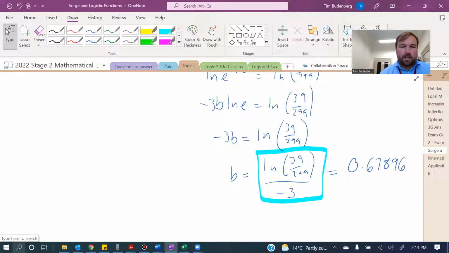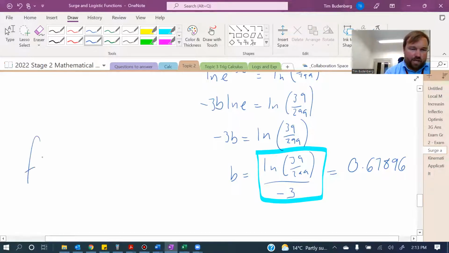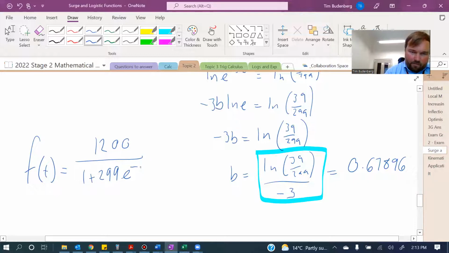So what this means is our logistic function, f(t), is equal to 1200 over 1 plus 299 e to the minus 0.67896 t.